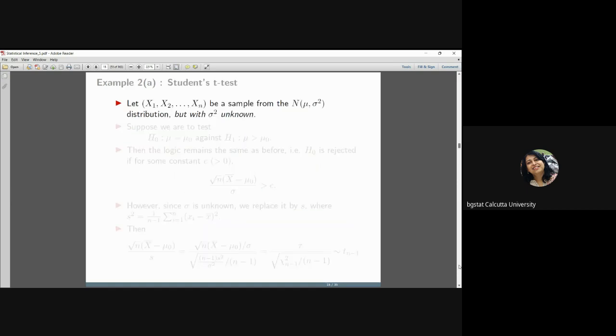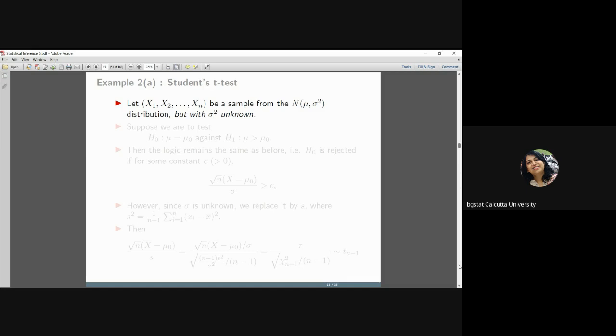Now, we assumed that sigma square was known. It's quite rare that sigma square is known. It might happen in certain lab experiments where we have control over how much variability there is in the observations, or we have some prior idea of the variability of the test procedure which we are using. By test, I mean the lab test.